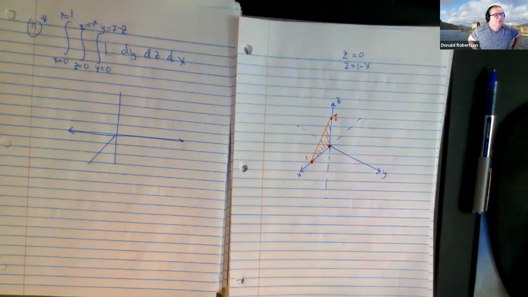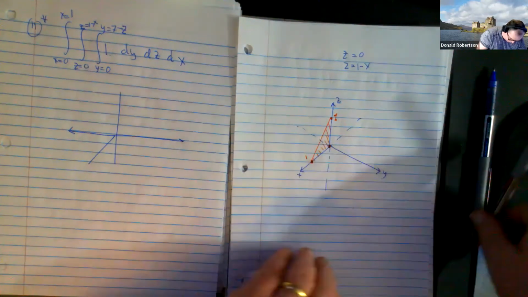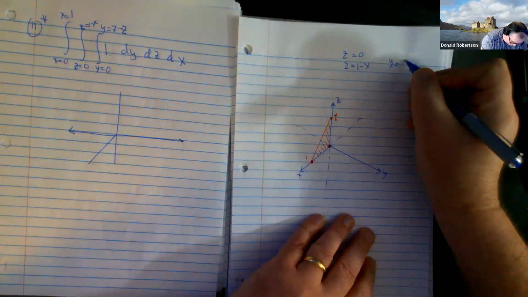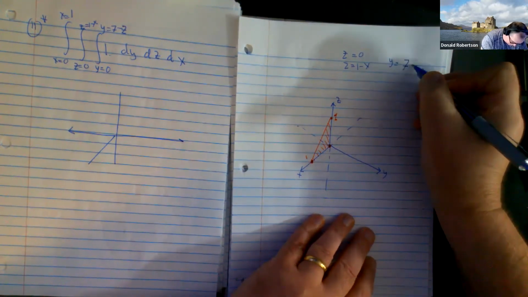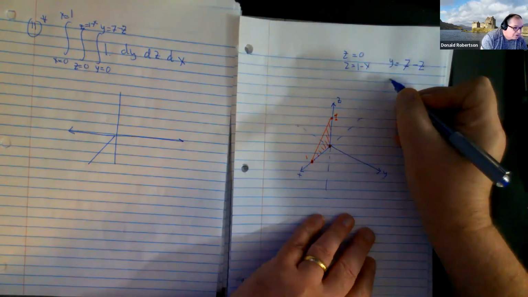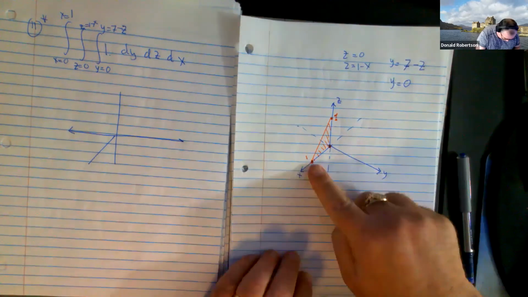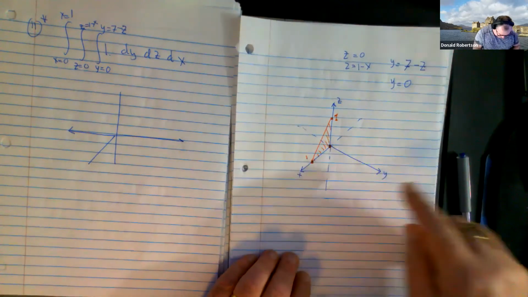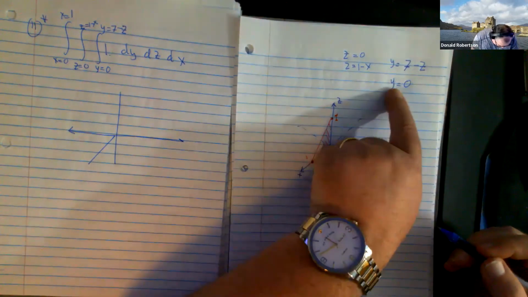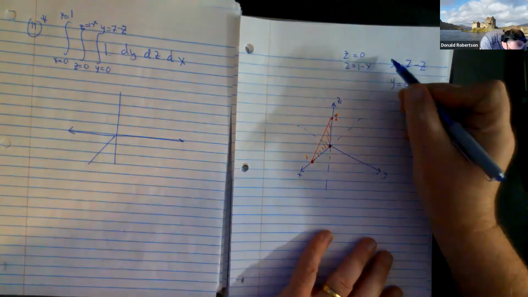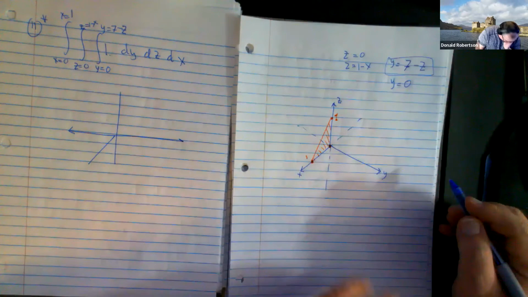And then what do I know? I know that y goes from 7 take away z, and 0. So I know that this shape is in here. And I know that y equals 0, so that's the origin, that's not much help.